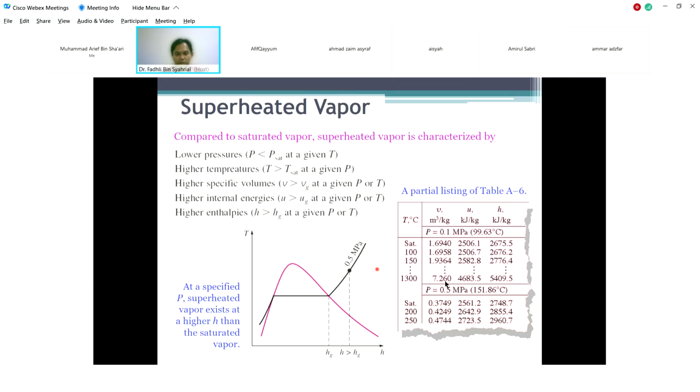It can be here or even here, as long as it is on the right side of the saturated vapor curve line. Here we have the TV diagram. Basically, the basic one is the TV diagram.